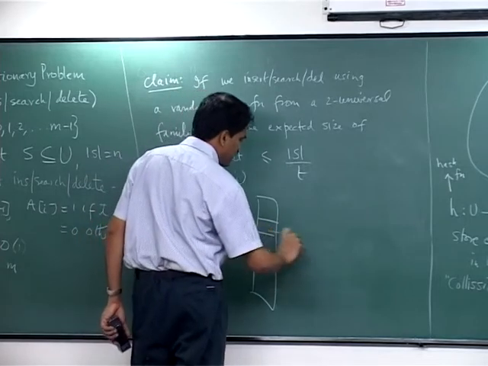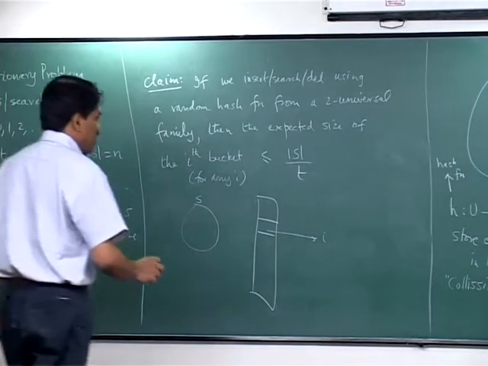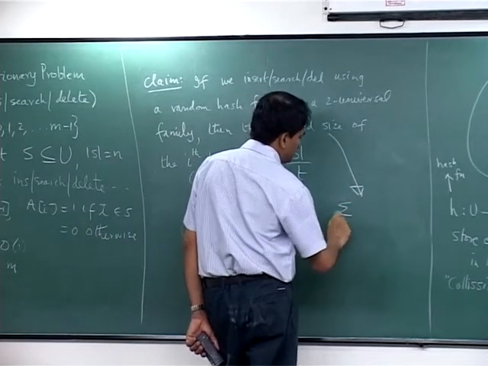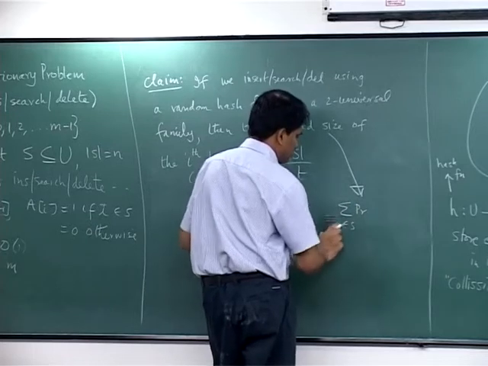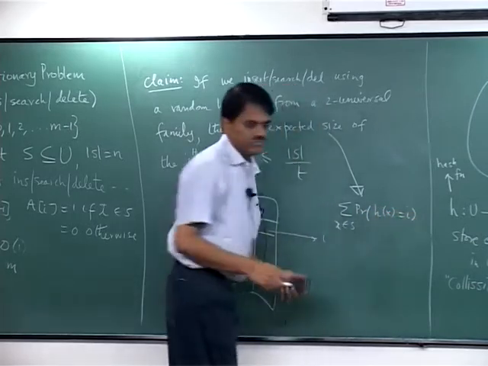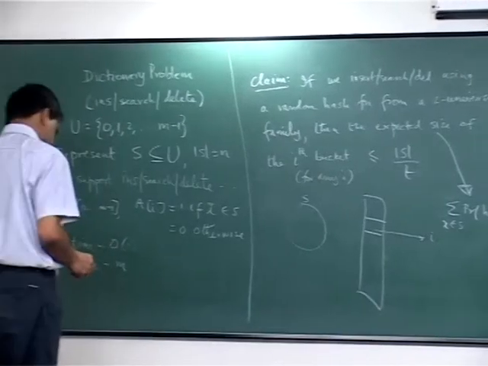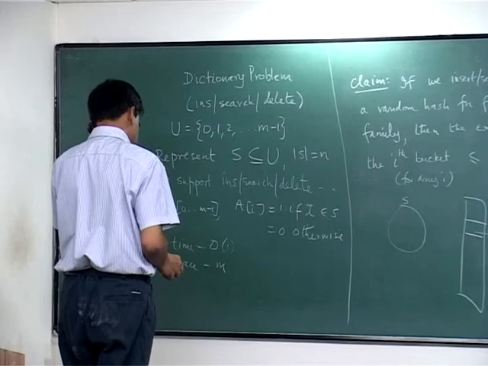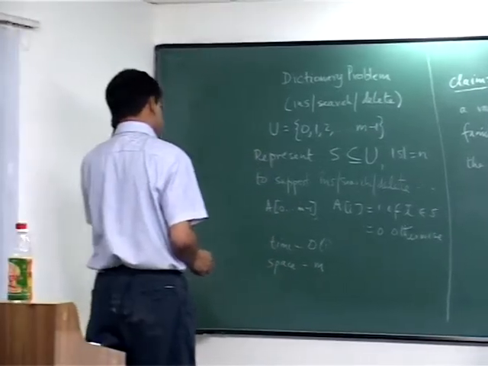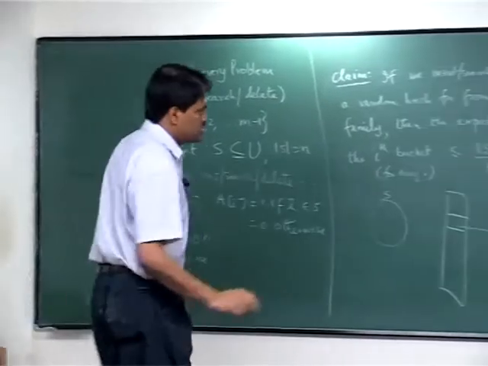So the ith bucket, the expected size is a one line argument: the summation over x in S of the probability that h of x equals i.